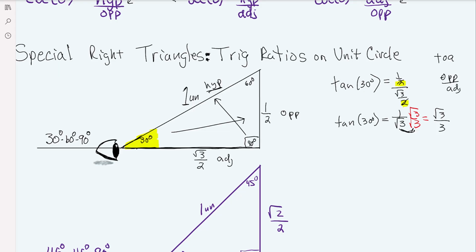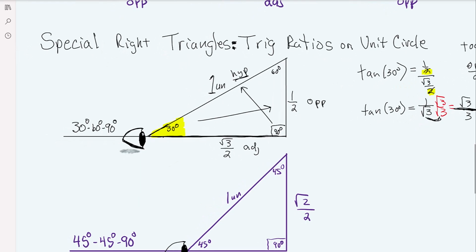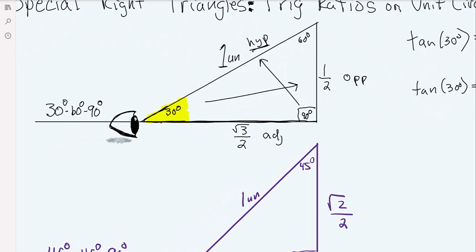The recommendation is, instead of doing this division each time, those of you who can memorize pretty easily should remember the tangent of 30, 60, 45, and do it that way. Remember, it's always the viewpoint from the angle.